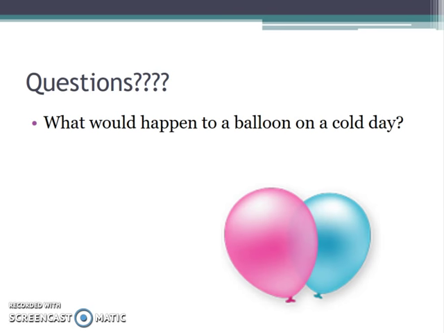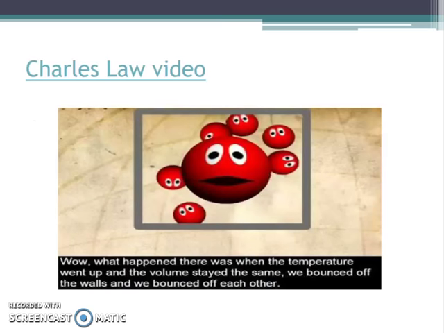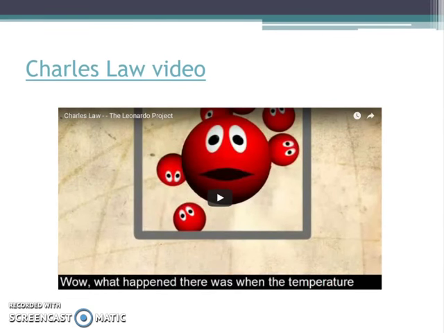Next question. What would happen then to a balloon on a hot day? Be sure to explain both of those and say why in terms of particles and their movements. I've got a video on Charles' Law that will show you guys how that representation works.